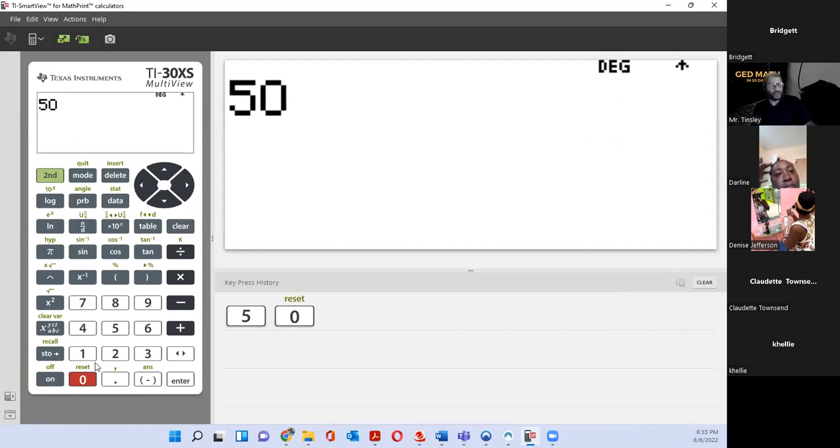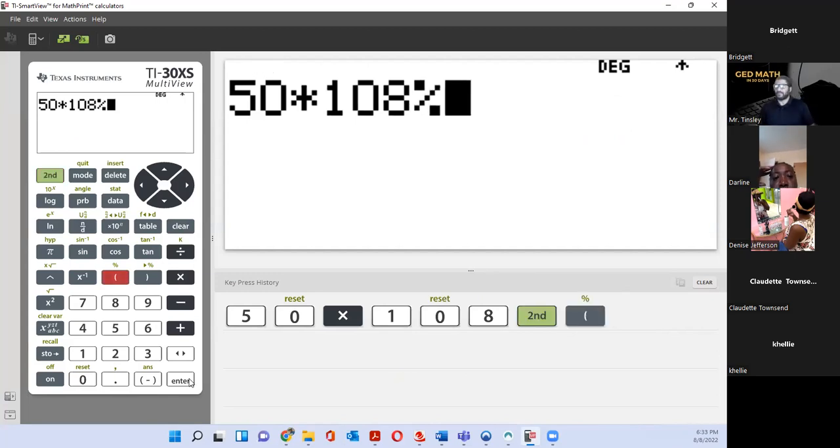So my bill is 100%, sales tax is 8%. So that means it's 108%. So if I need to know my bill after taxes, I just times it by 108%. So after taxes, it's $54. Well, I want to add gratuity to that. That's 20%.